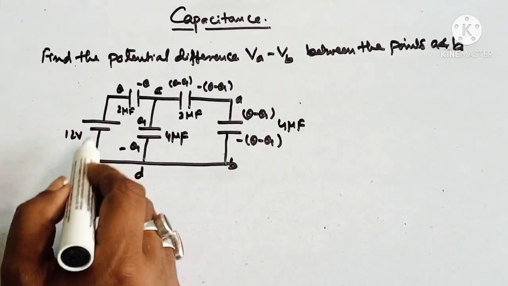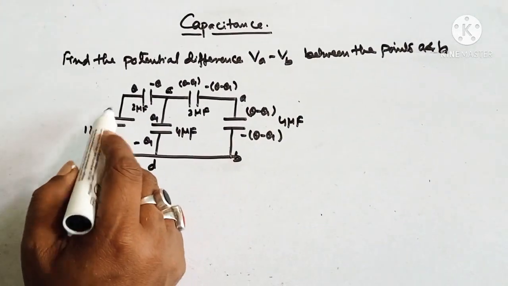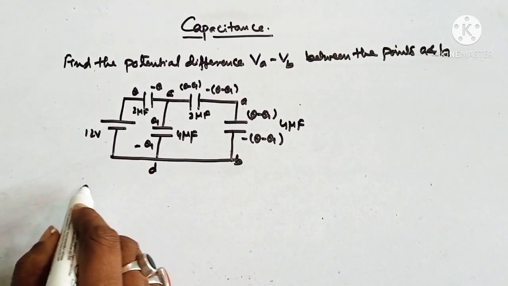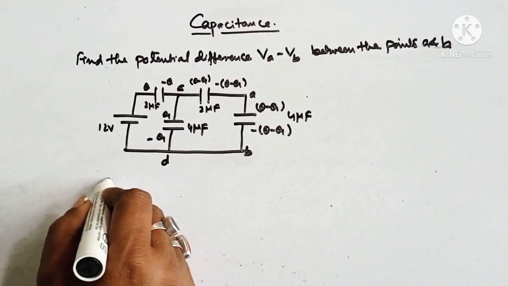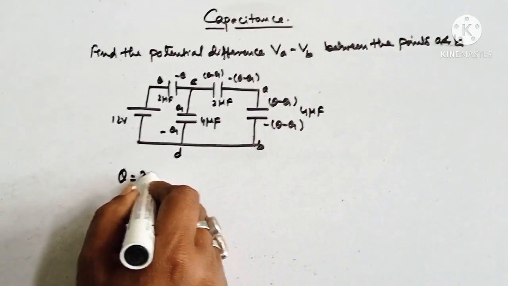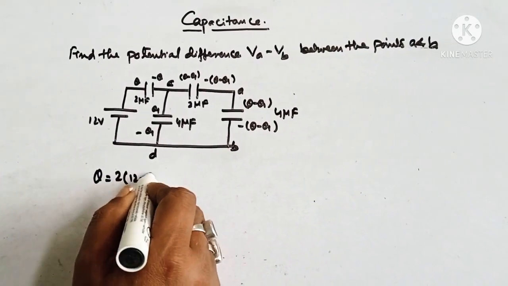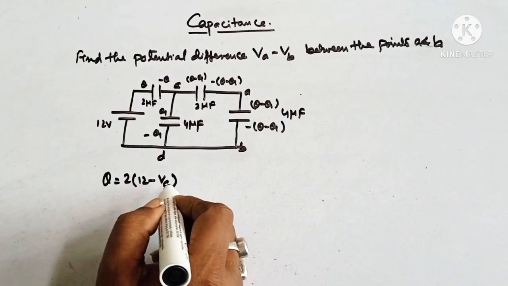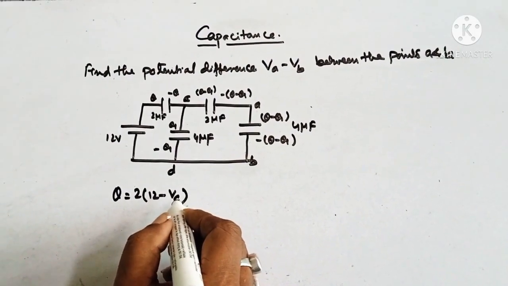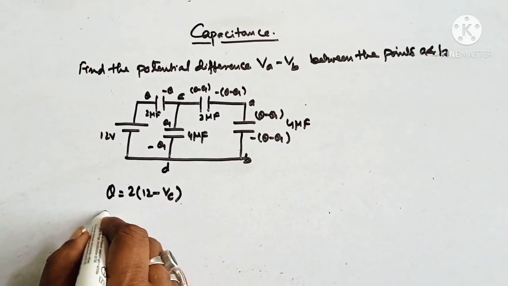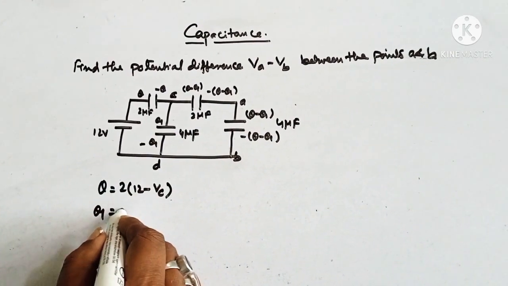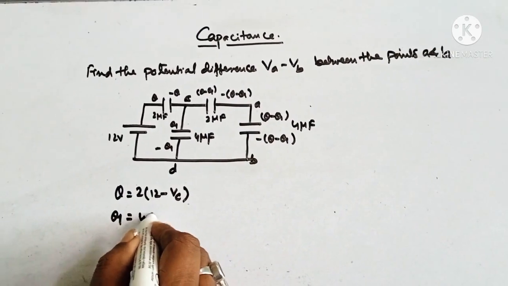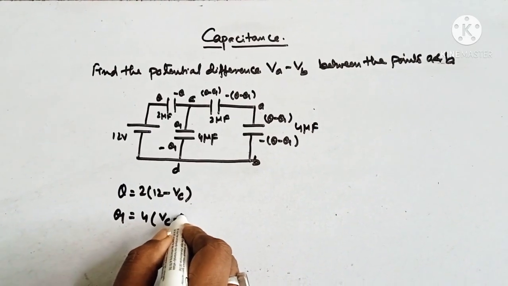Now this is at zero potential, and this is V, that is 12 volt. So here Q will be equal to 12 minus VC, and Q1 will be equal to CV, again 4, VC minus VD.